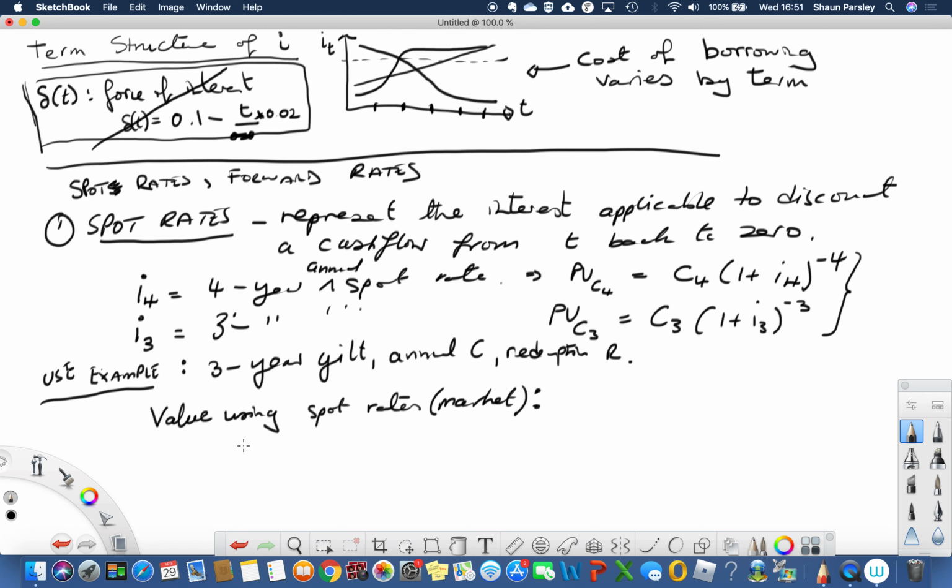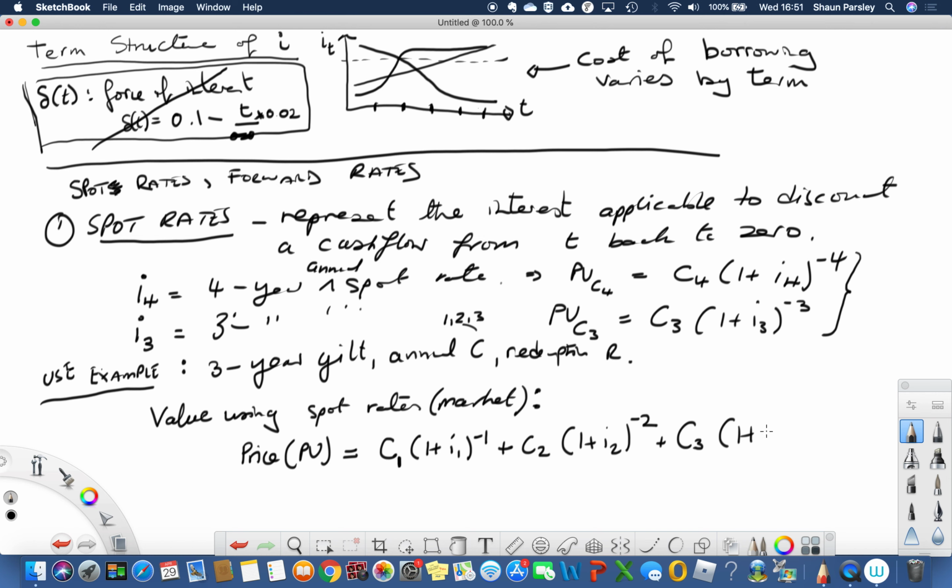So if we put a formula for the price or the present value, just put that in brackets just so you know they're equivalent. You can have the coupon, year 1, assume. So these coupons are at 1, 2, and 3, not at time 0. So we can have C1 times 1 plus I1 to the minus 1, plus C2 times 1 plus I2 to the minus 2, plus C3.